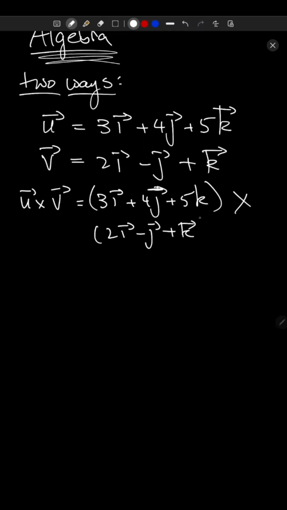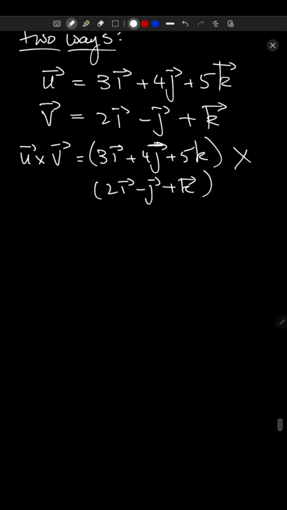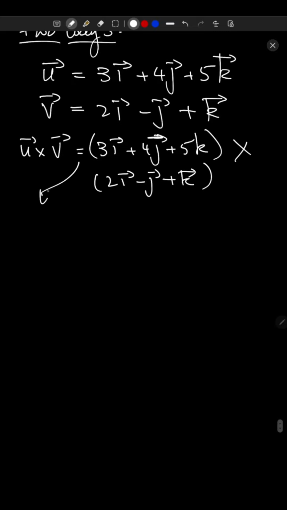All right, using the laws from above, they basically tell us that we can do this cross that, cross that, cross that, and then the 4j cross the three guys, and then the 5k cross the three guys. So this is actually going to be 3 times 2, and then i cross i.